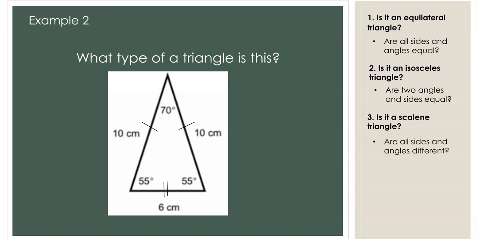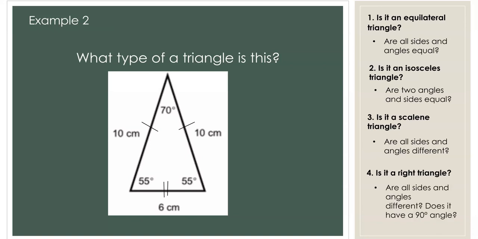All sides and all angles are different. Or is it a right triangle? All sides and angles are different and it also has a 90 degree angle. What type of triangle is this? This is an isosceles triangle because we have 2 sides and 2 angles that are equal to each other.